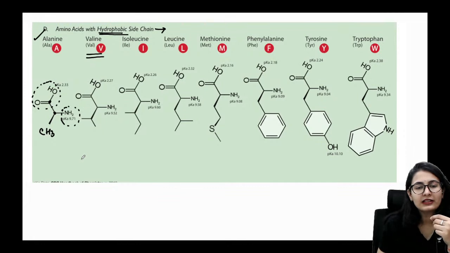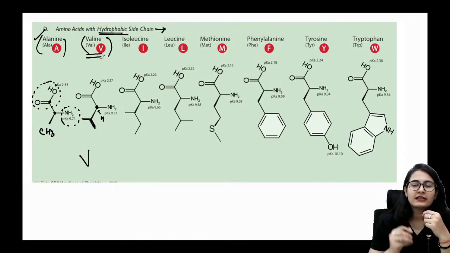Remember it like this: valine has a V. There is this isopropyl group connected on the same carbon having the COOH and the NH2, and of course one more hydrogen. So this valine is also L-valine. Very simple. These two are very frequently used in synthesis.